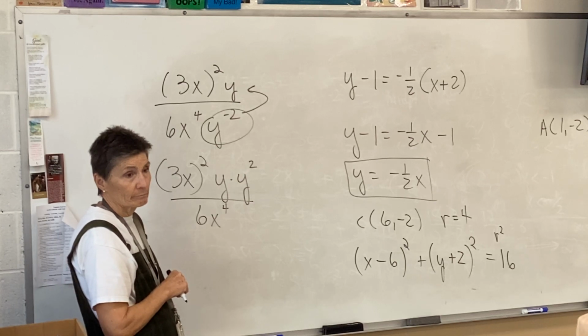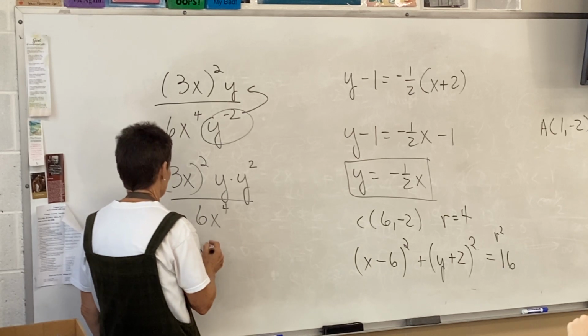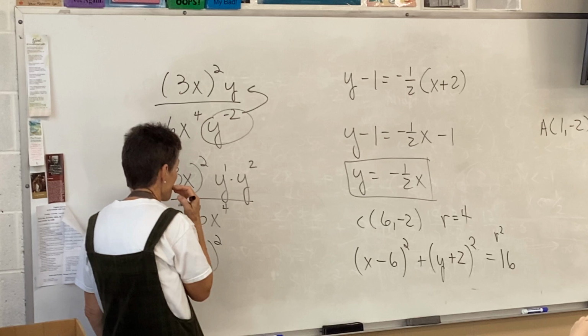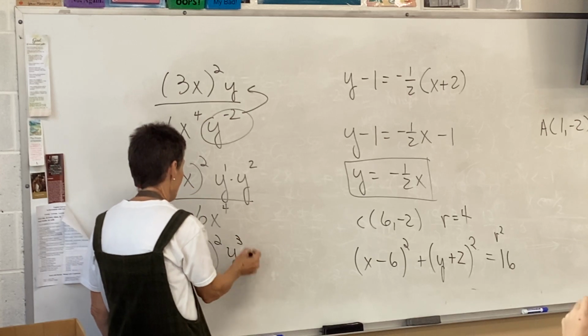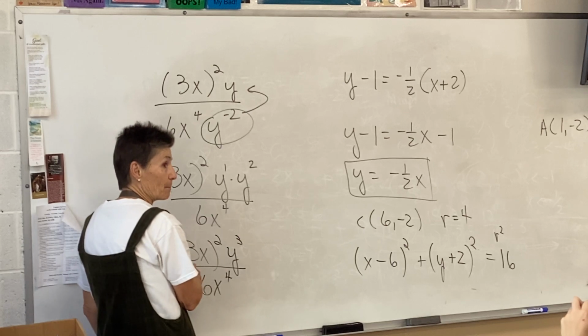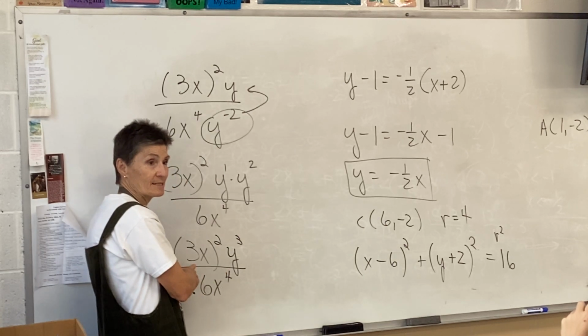Beautiful. All right, now what do you suggest maybe that we do? Combine the y's. You can combine the y's for sure. So that's a y to the first and a y to the second, so that's going to be a y to the third. Would you distribute the... Got a parenthesis sitting here. Don't we have this thing in PEMDAS that says take care of that?